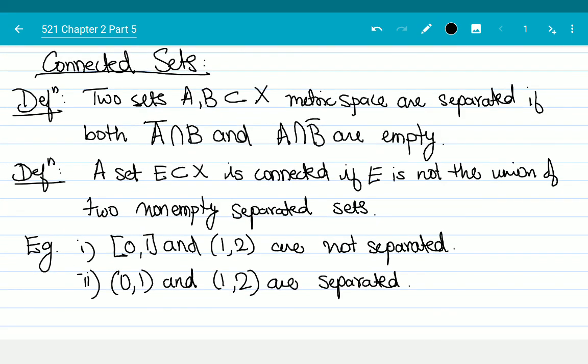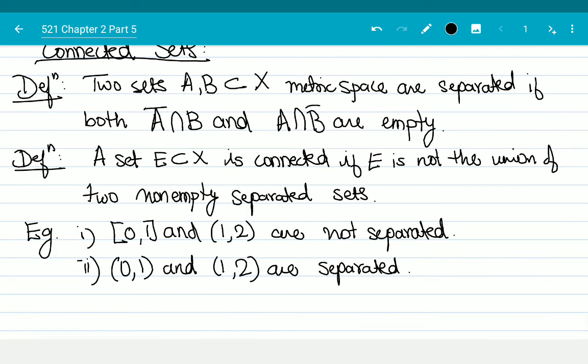We will show now that any interval is actually connected. I don't want to say an interval is an example of a connected set, because we have to prove that it is connected. So, theorem, which is 2.47 in the book.